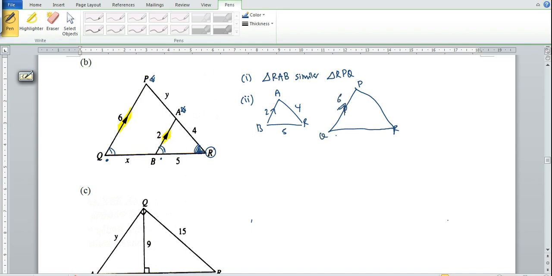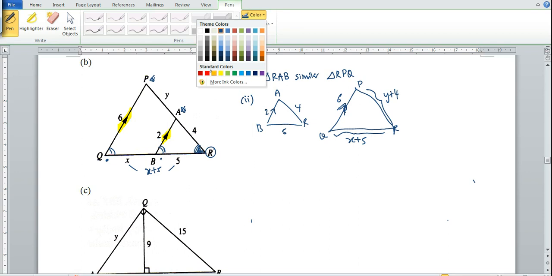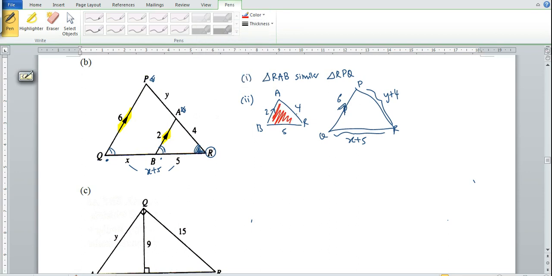I have RQ, which is x plus 5, because I have x and 5. So overall here I will have y plus 4. This is how I can compare carefully later to find my x and y.